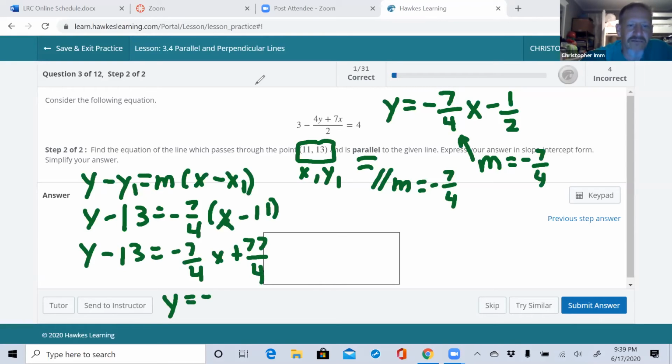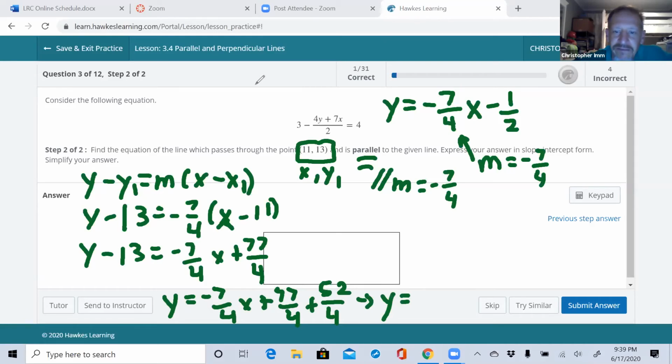So I have y is equal to negative 7/4 x plus 77 over 4. And then when I add that 13 over, I'm going to make that over 4. So 13 over 4, well, 13 times 4 is 52. So now when I add these together, I would get y is equal to negative 7/4 x, and then I'd have 77 plus 52. Wow, that's a 9 and a 12. 129 over 4.